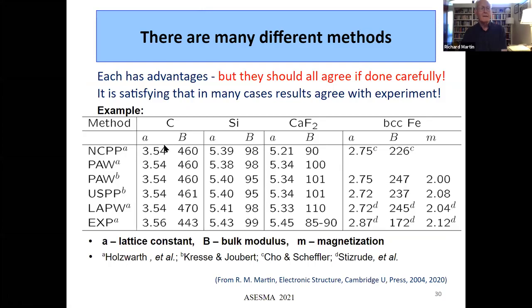But the basic idea is that you get the same answers with different approaches if you do it carefully. Pseudopotentials at that moment were not as accurate, but more and more the improvements have made them quite accurate, and you can deal with many different methods and be confident as long as you do the problem very carefully.